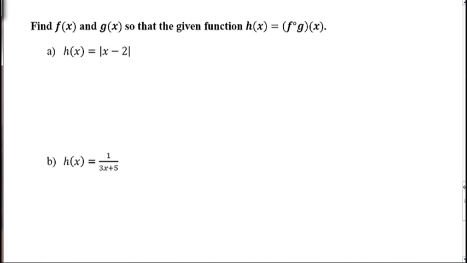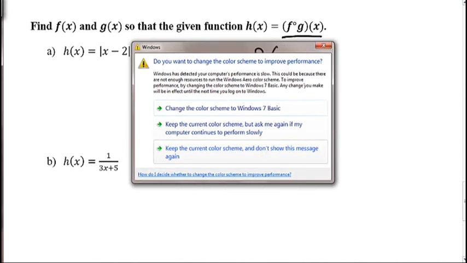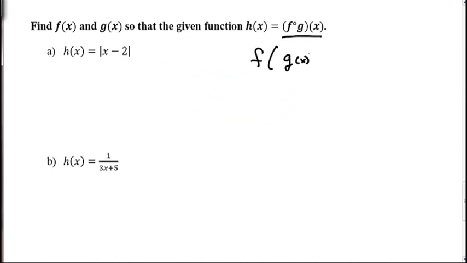Now we're going to do sort of the opposite. So we've been given some function, h of x, and we want to find the two functions f and g, such that f composed with g will give me this function h. So first of all, f composed with g means that you're taking the g of x function, plugging it into the function f.